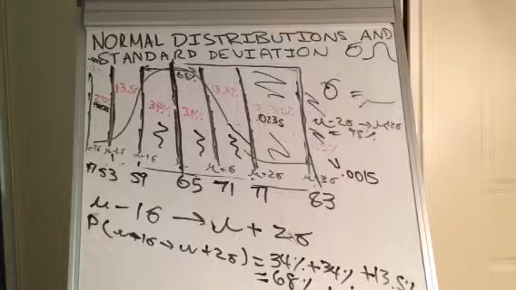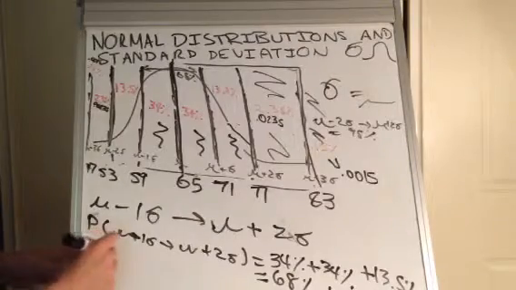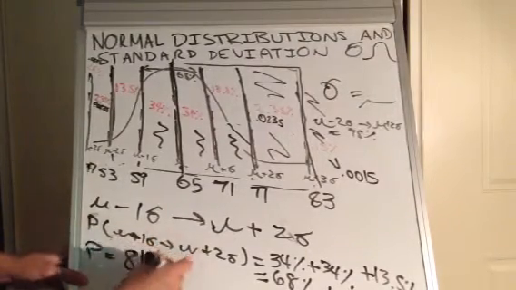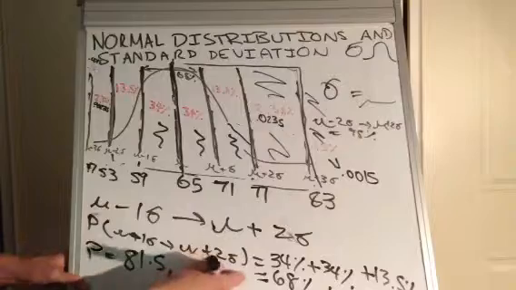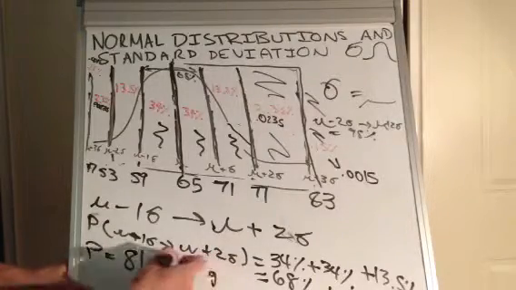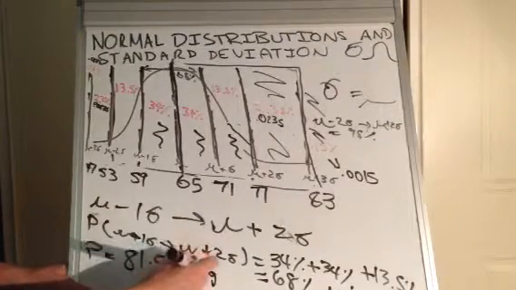You could use arithmetic, or you could use a calculator to work that out, but 68 plus 13.5 results in 81.5. So therefore the probability equals 81.5, where an actual value for weight is between 59 and 77 grams.